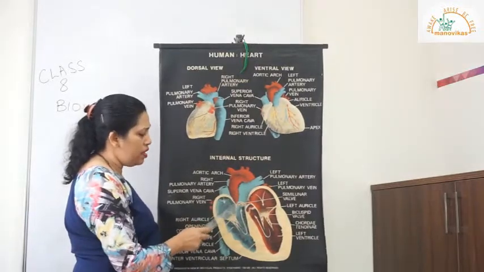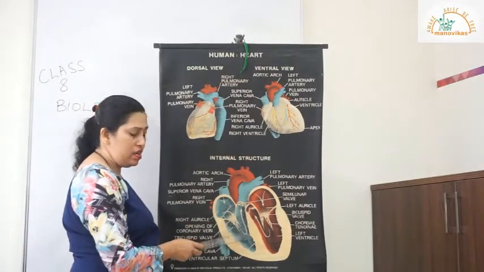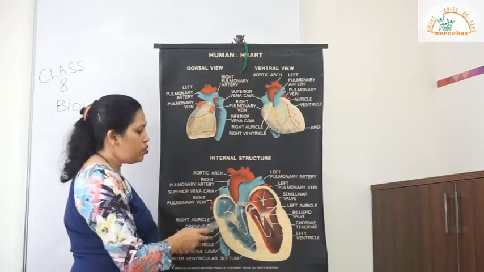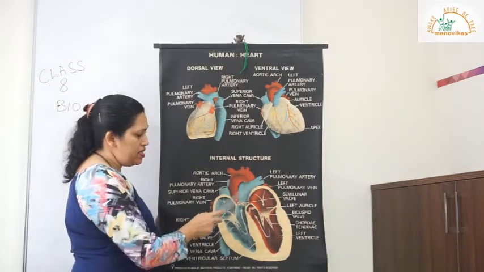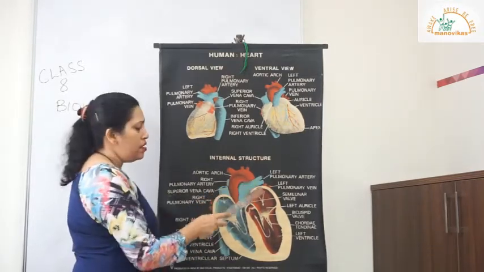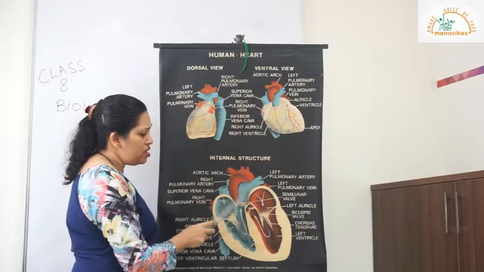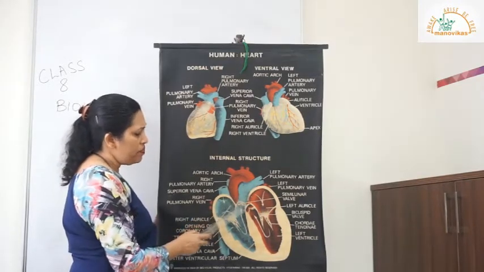These both carry the deoxygenated blood from the ventricle to the lungs on both sides. So the pulmonary trunk is a common passage.